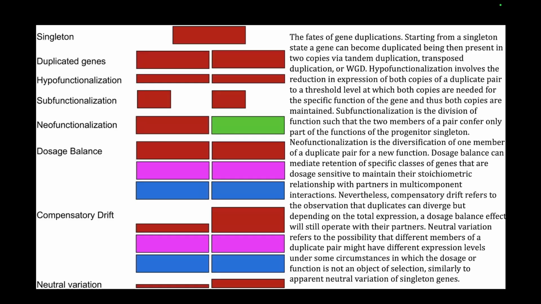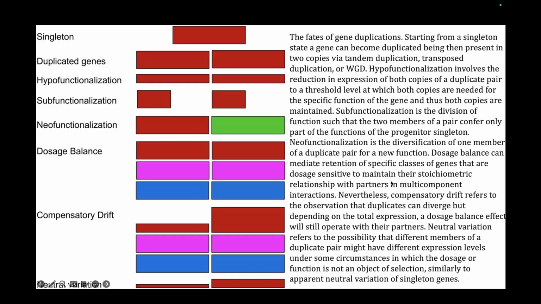So basically, if you have a lot of copies, you kind of silence one of the copies. So dosage compensation can happen. So these are different ways the genome evolves to accommodate these extra copies of the genome.